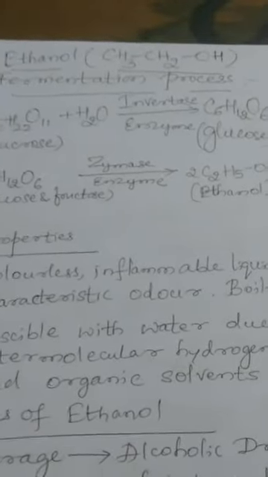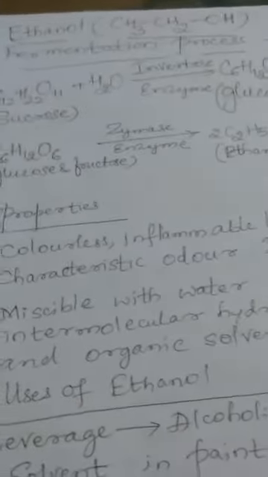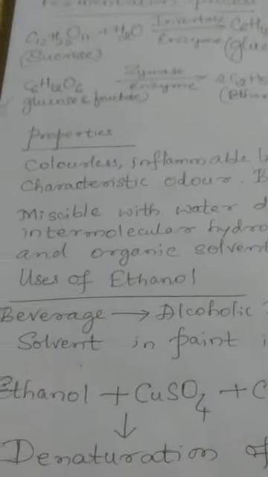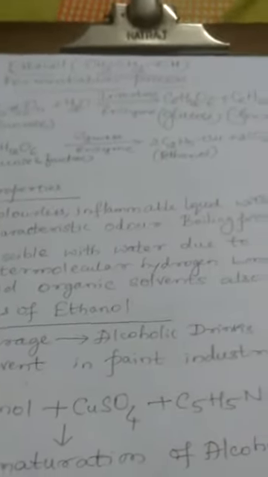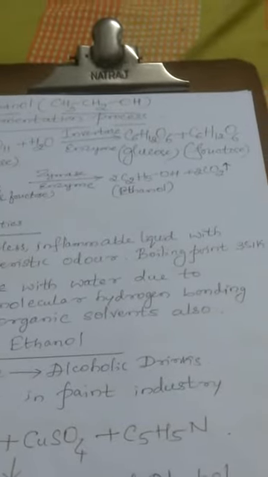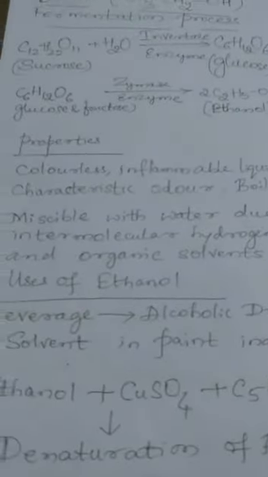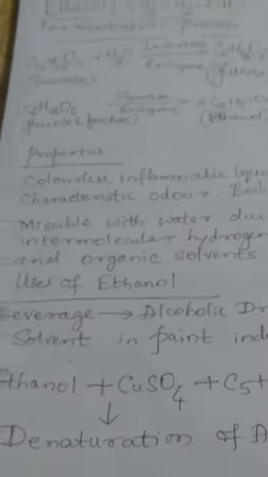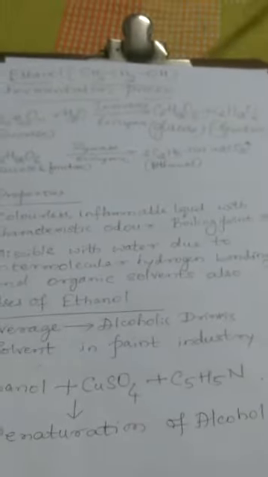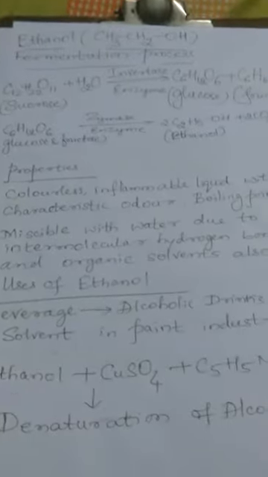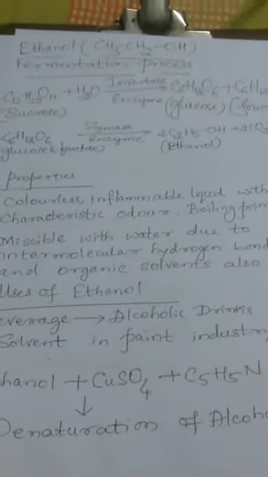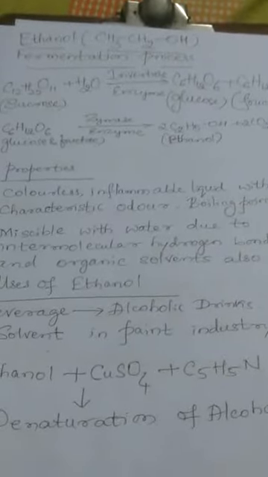Coming to the properties of ethanol, it is a colorless, inflammable liquid, and it has a characteristic odor. Boiling point is 351 Kelvin. Now, a very important characteristic property is it is miscible with water due to formation of intermolecular hydrogen bonding, and it is also soluble in organic solvents.